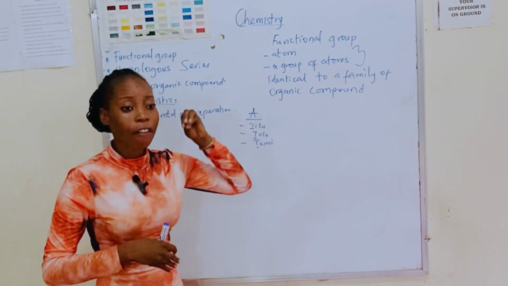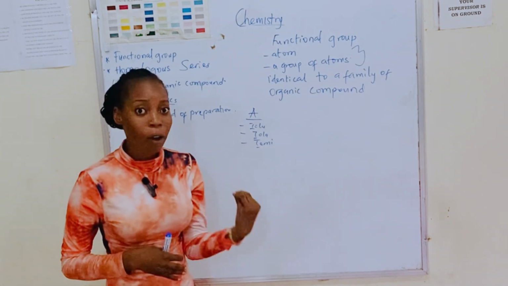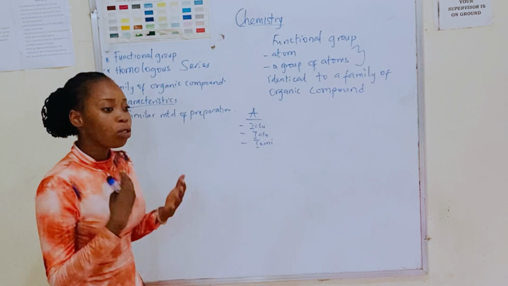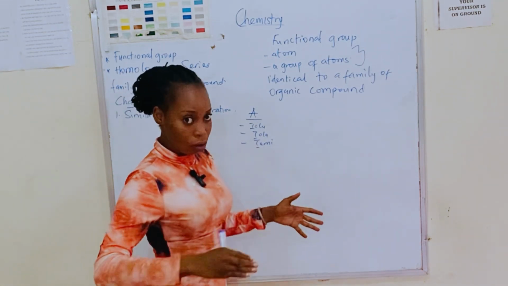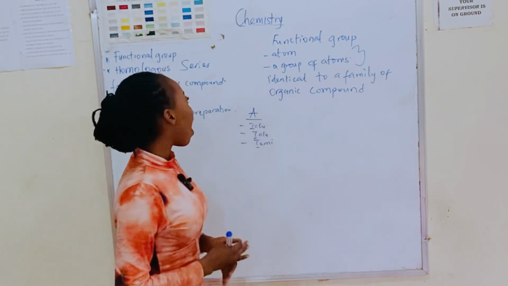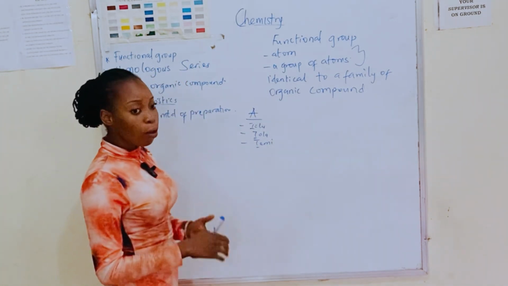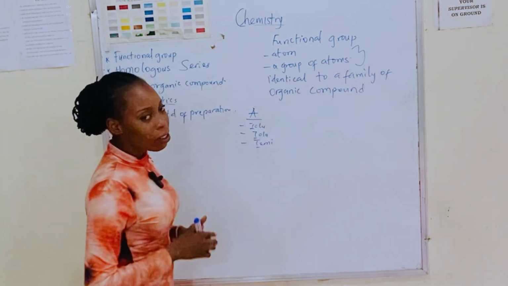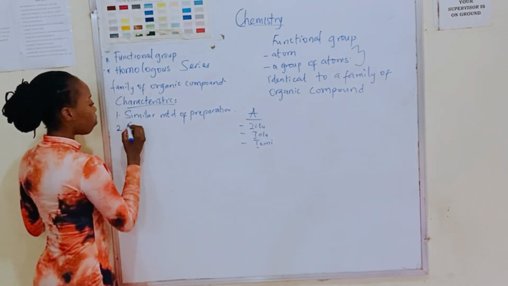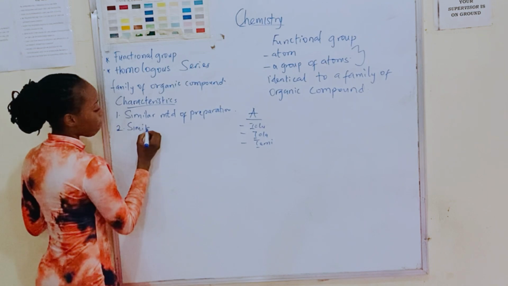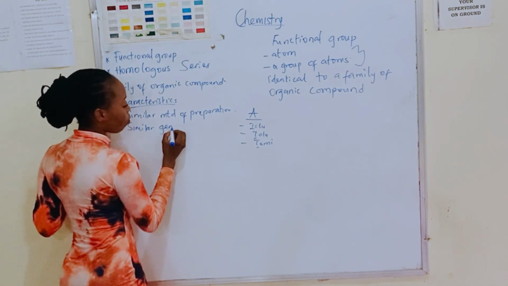So for a particular family, let's take alkanes for example, alkanes generally will have the same methods of preparation. Another thing that is unique to homologous series is that they have the same general formula.